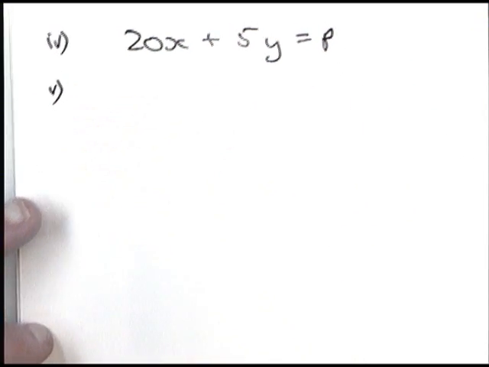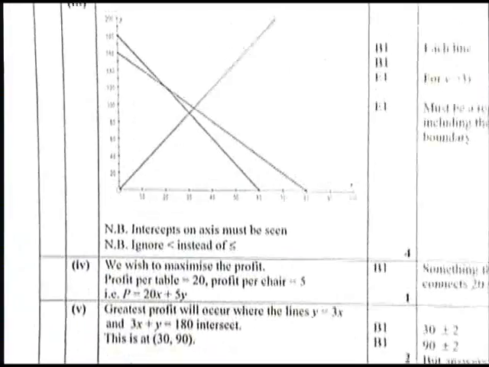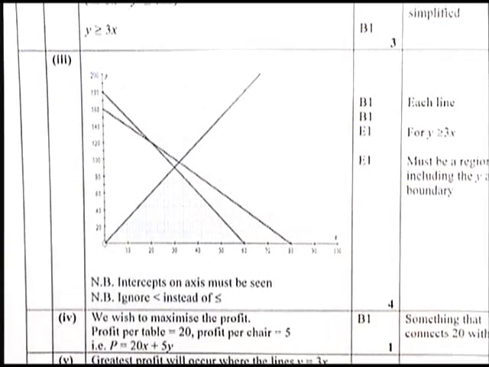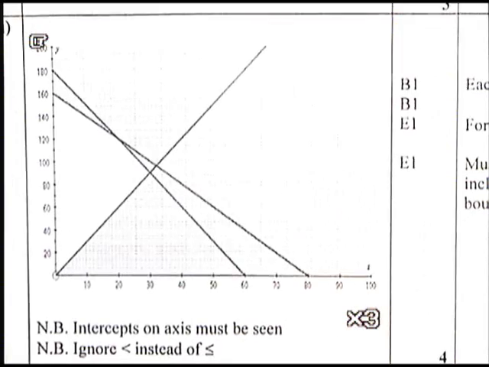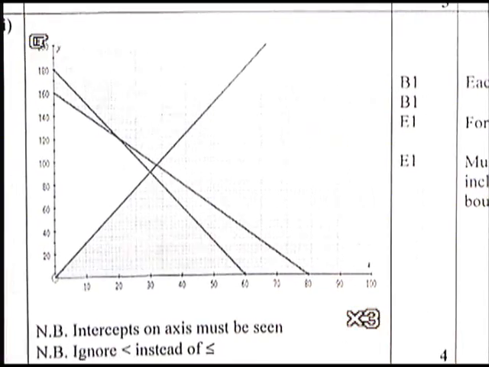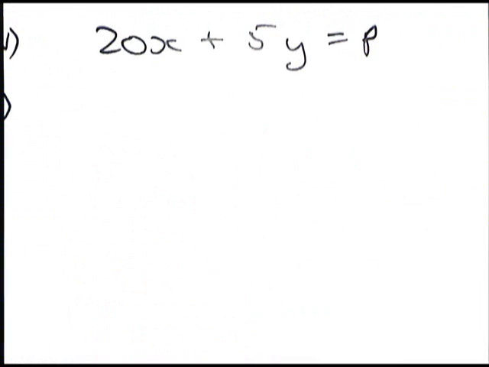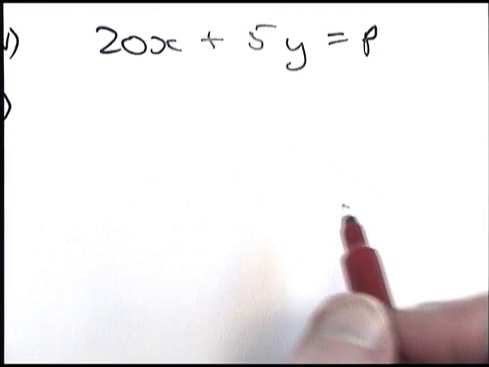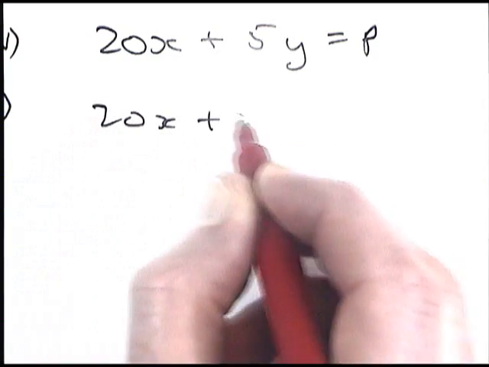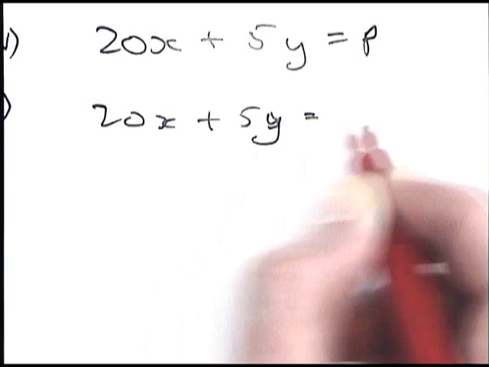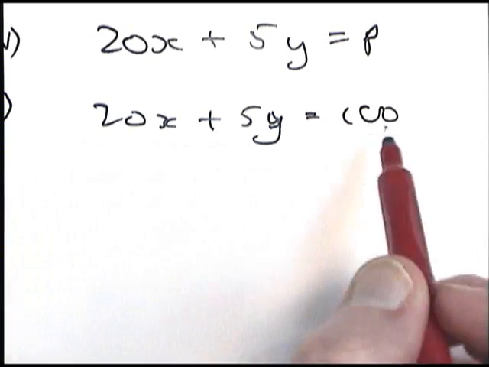Part 5, okay, I'm going back to the mark scheme answer for the graph. Here we go. On part 5, what we need to do is draw on the objective function. We need to let that equal any number we like. What do 20 and 5 go into? They go into 100. Because all we're after is the gradient, this number is just any number you want.